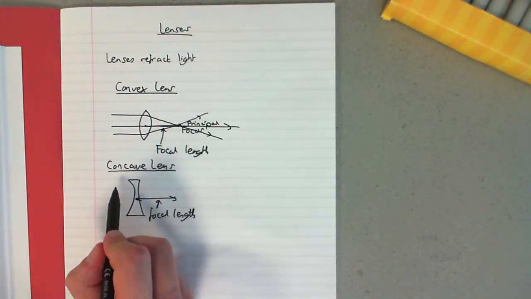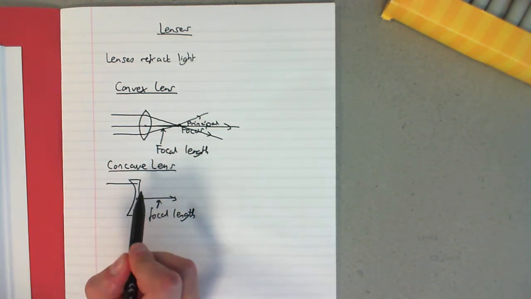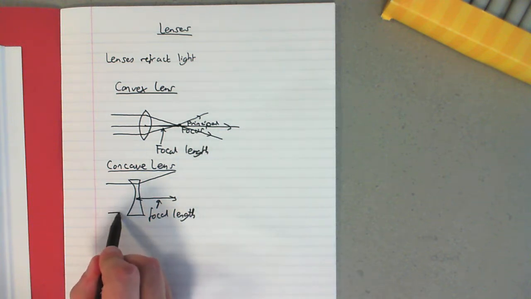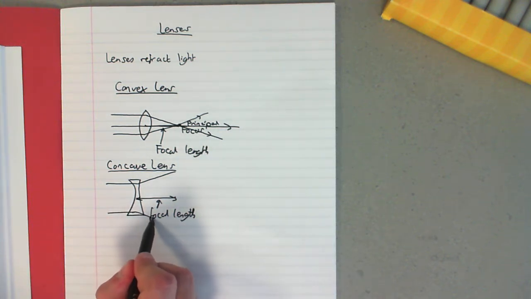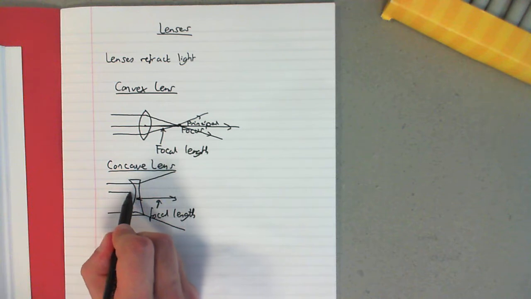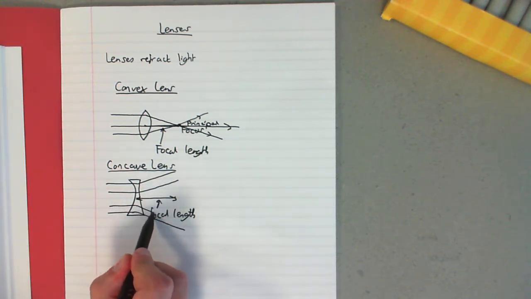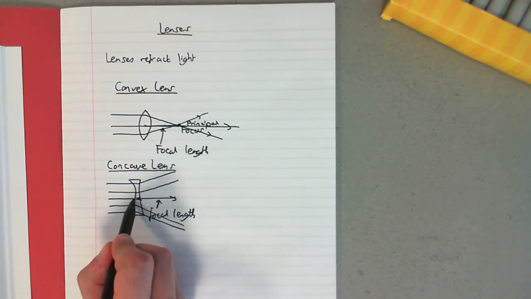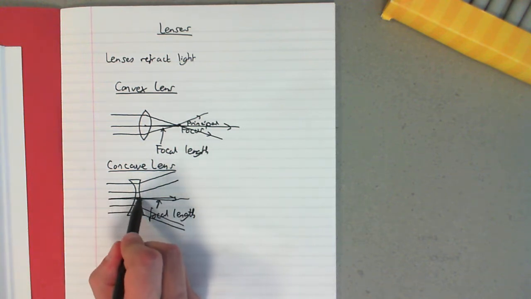But this time what happens is the light comes in parallel, but then it diverges. Comes in parallel, diverges. If it's coming in along the axis though, it does just go straight through.